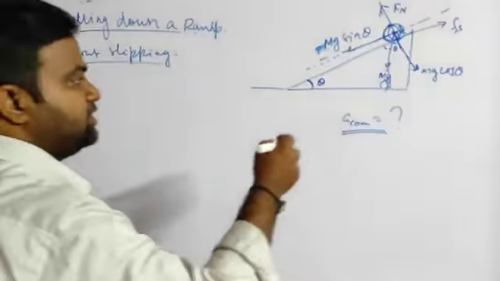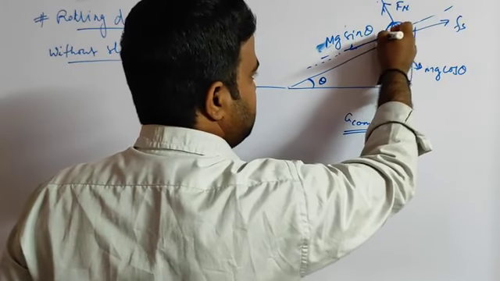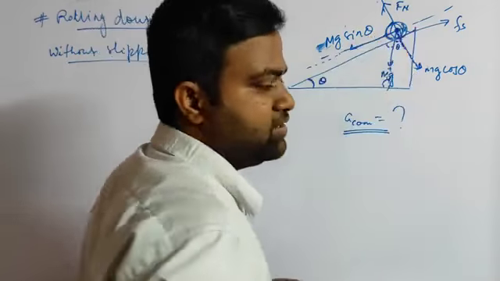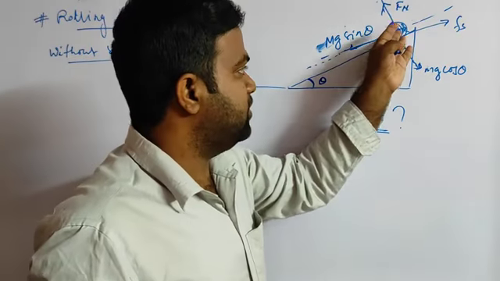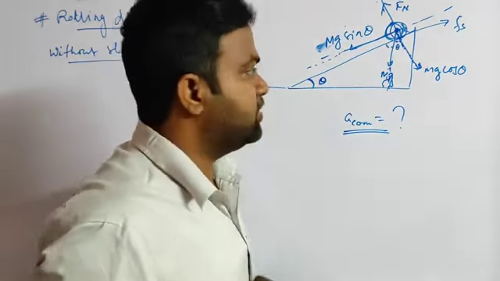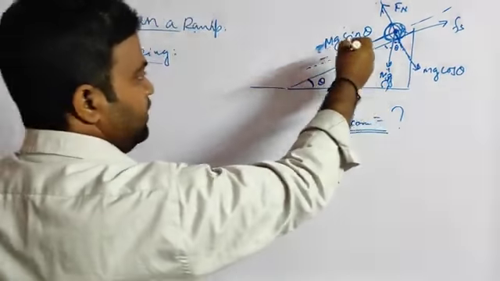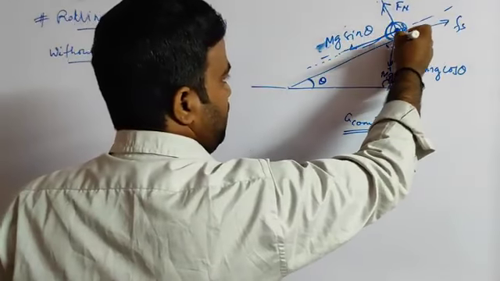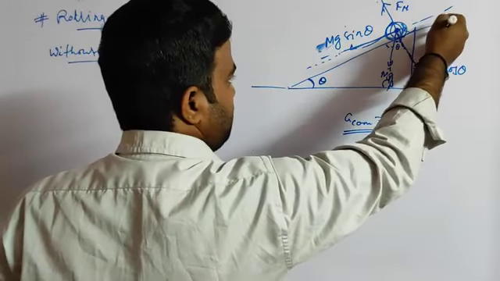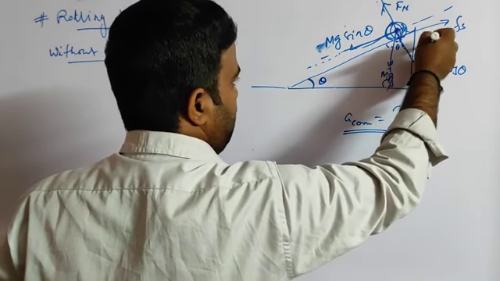Here, for the linear case, the center of mass is moving and we are interested in calculating the acceleration of the center of mass. It is going down, and the friction is in the opposite direction.